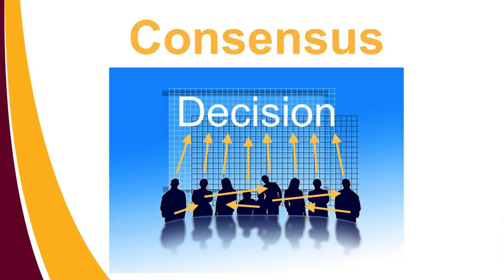And finally, there is consensus, where the purpose of the meeting is to come to an agreement on the issue. You may not get 100% agreement, but at least everyone will have had an opportunity to weigh in. This kind of decision-making clarity helps participants understand the purpose and the expected outcome of the meeting.